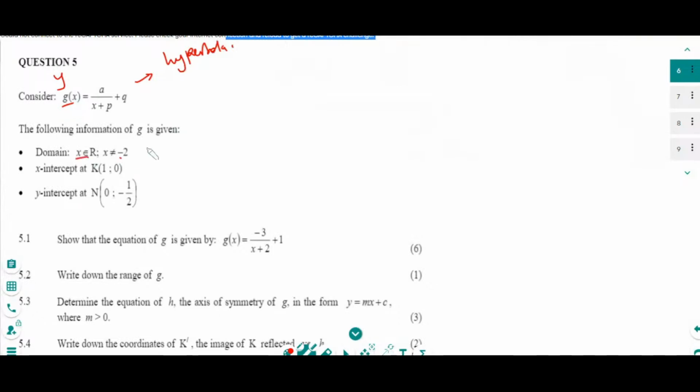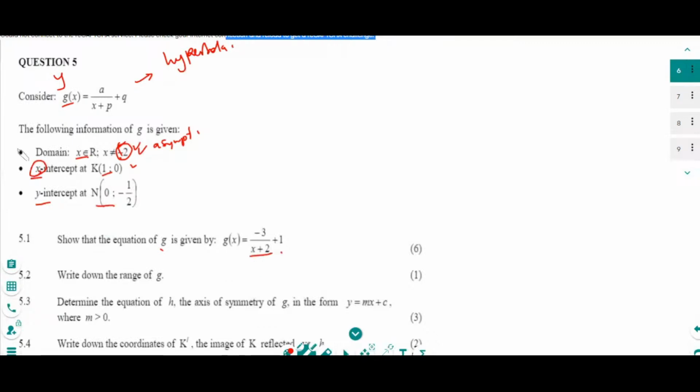So for as long as they tell us this, which means this negative 2 is an asymptote. That is a vertical asymptote. Then the x-intercept is this, and then the y-intercept is that. Show that the graph g is given by this.